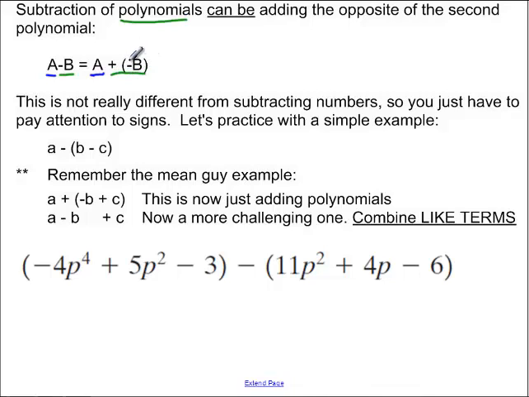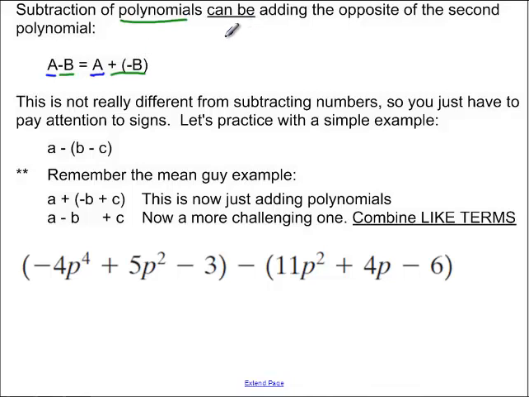Looks pretty straightforward, but when we talk about polynomials, we have to really pay attention, especially for subtracting and changing the subtracting to adding the opposite of everything that's in that polynomial. That's going to be important. So let's take an example.